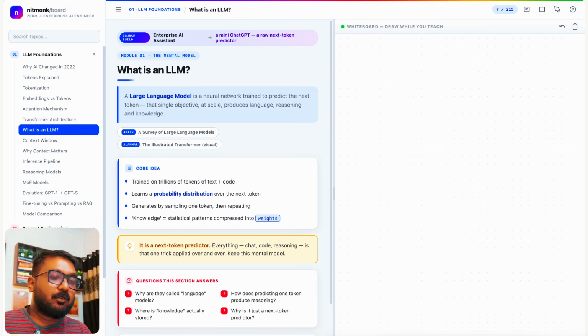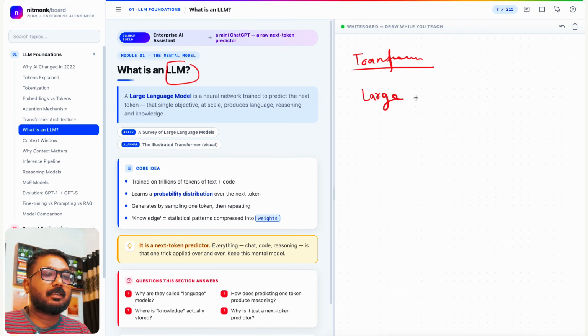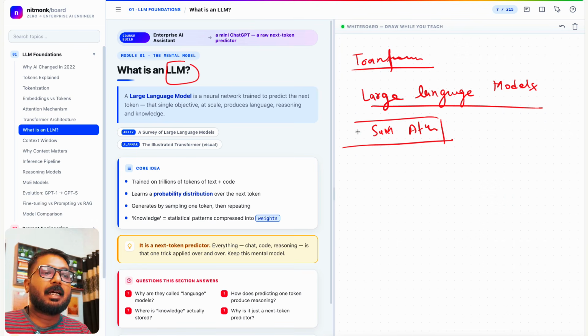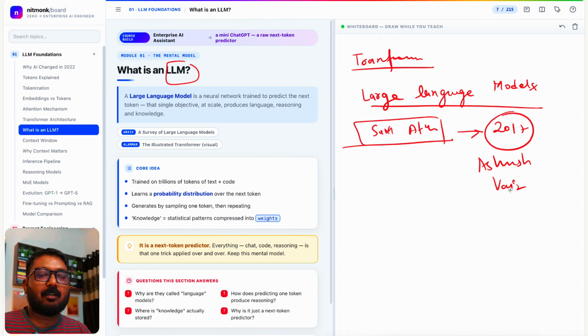Once you understand the transformer, it becomes very easy to understand LLMs, which are large language models, right? And when Sam Altman says that Indians cannot build LLMs, you see the first person in the 2017 paper is, I think, Ashish Vaswani, or something like that.